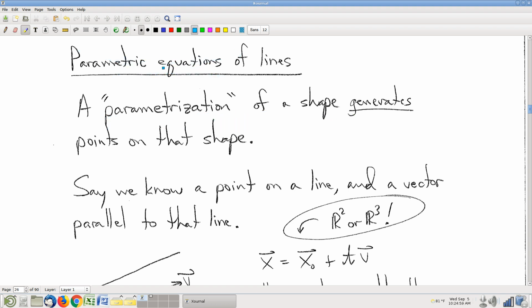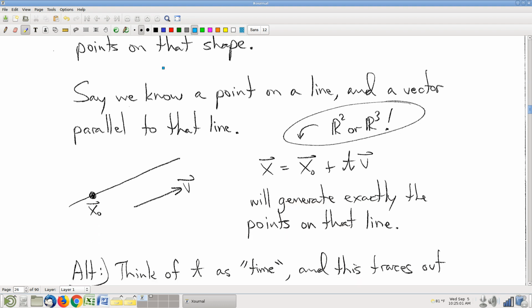So here's the idea. Here's a line, and suppose what I know about that line is I know a point on the line, and I know a vector parallel to that line. Well, now I claim that that uniquely characterizes that line. There's only one line that goes through that point, and that's parallel to that vector. Okay.